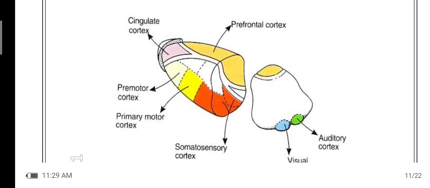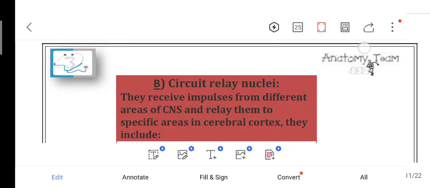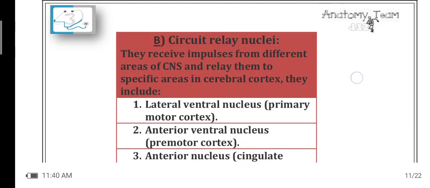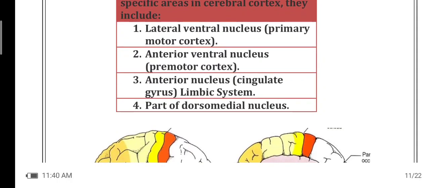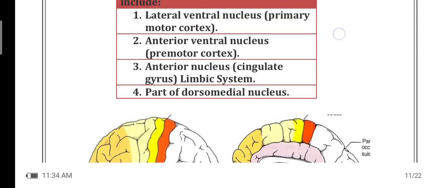The premotor circuit to the relay nucleus. They receive an impulse from different areas of the central nervous system to relay to the specific area of the cerebral cortex. That is the lateral ventral nucleus, anterior ventral nucleus, anterior nucleus, and the part of the dorsomedial nucleus.